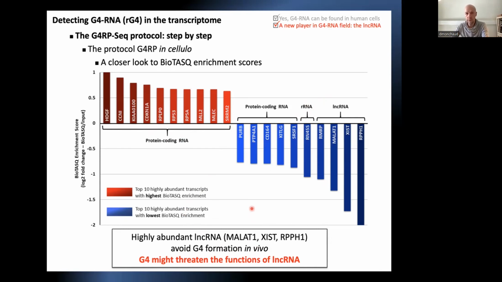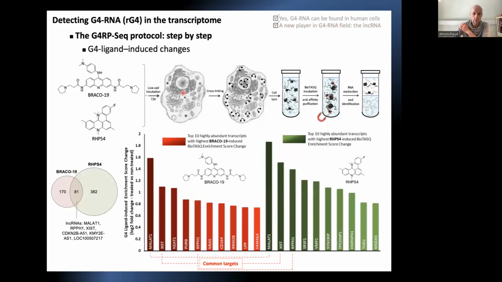So to gain more insight into this, we decided to incubate our cells with two G4 ligands, BRACO and RHPS4, do the G4 RP-seq again, and investigate the difference between untreated and treated cells. We selected these because they are well-established telomeric targeting agents, meaning DNA G4 agents.